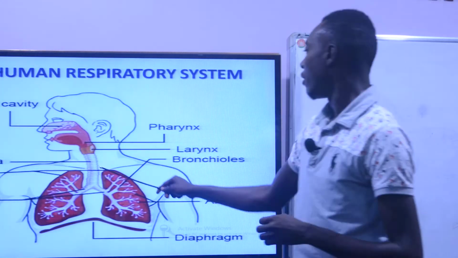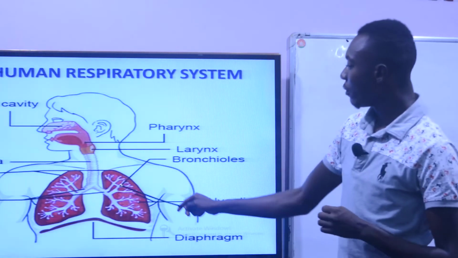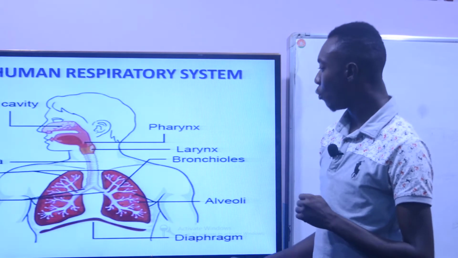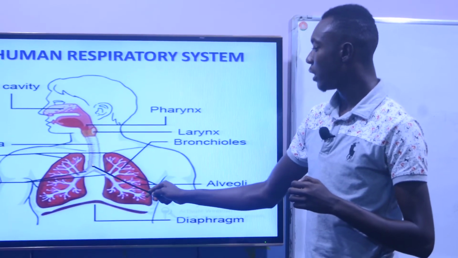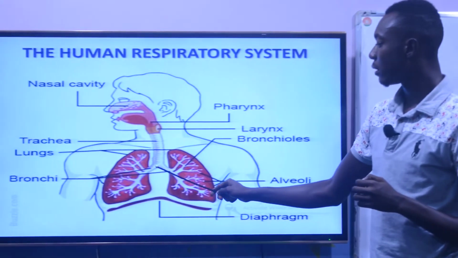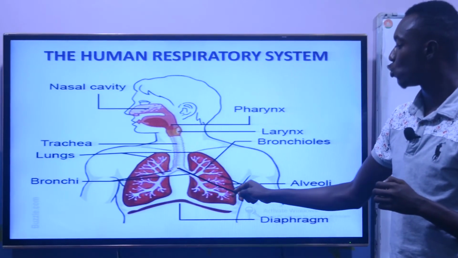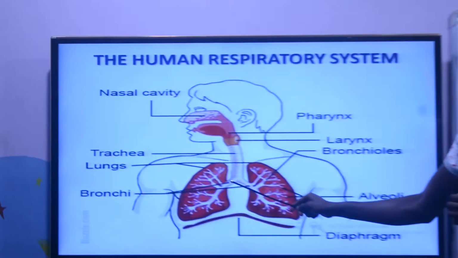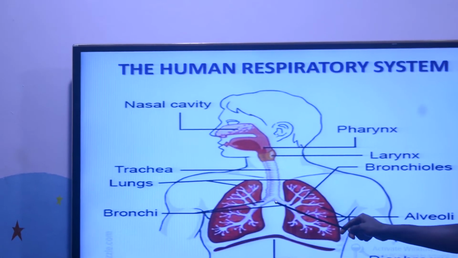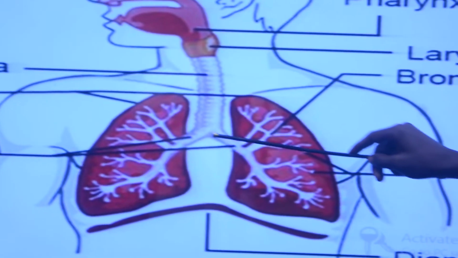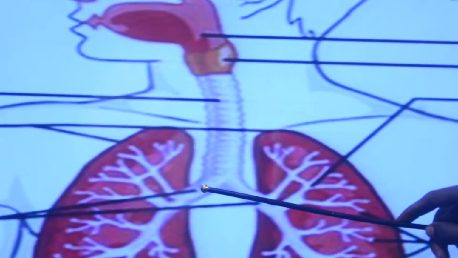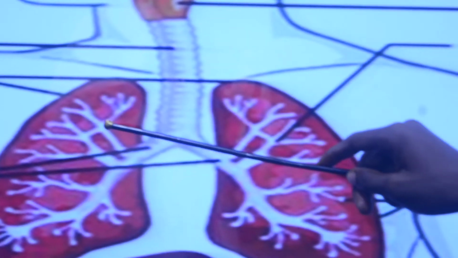Okay, good. From the trachea, our next point will be the bronchi. The two branching tubes you see here are referred to as the bronchi. Singular being bronchus. This bronchus you see here stretches down to some small branches.